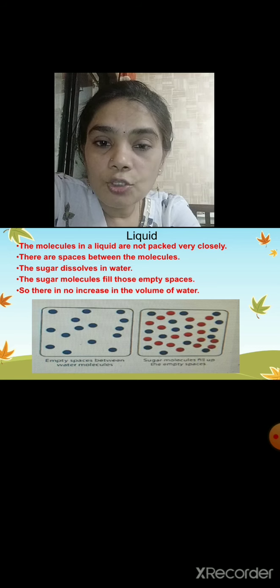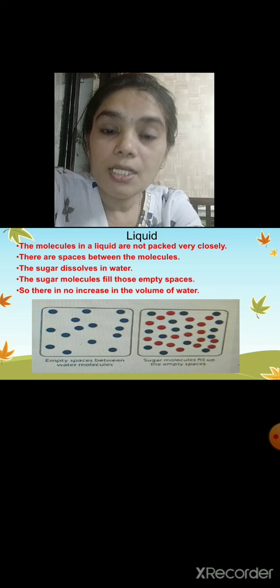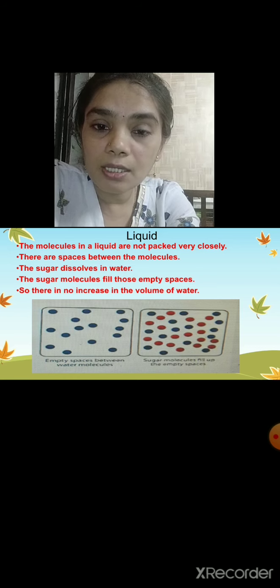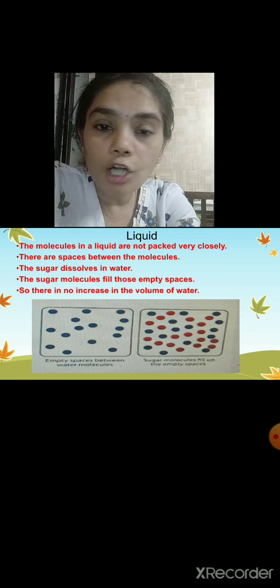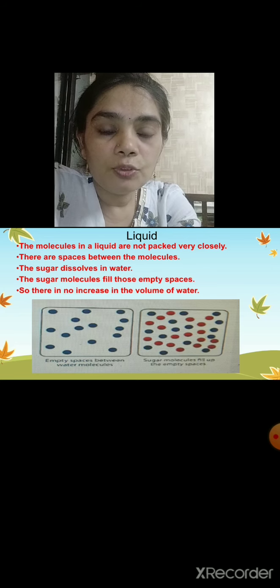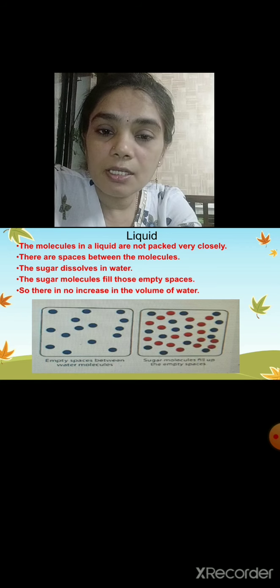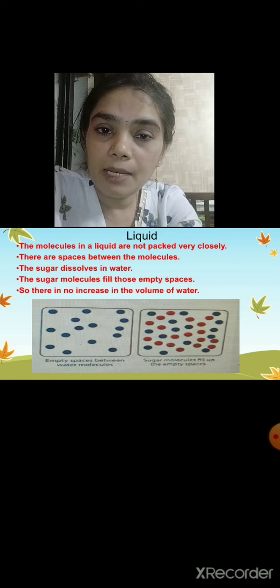So there is no increase in the volume of water, since the sugar gets dissolved in the liquid and the molecules in the liquid are not packed closely. So the sugar occupies all the empty spaces. That is why the volume of the water remains the same.